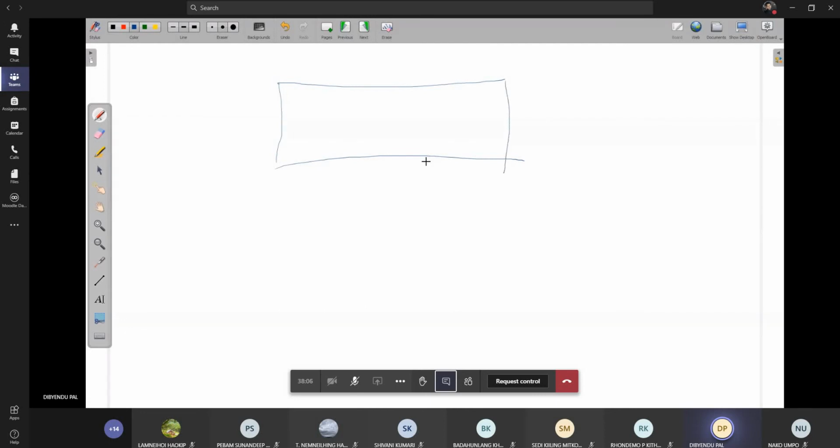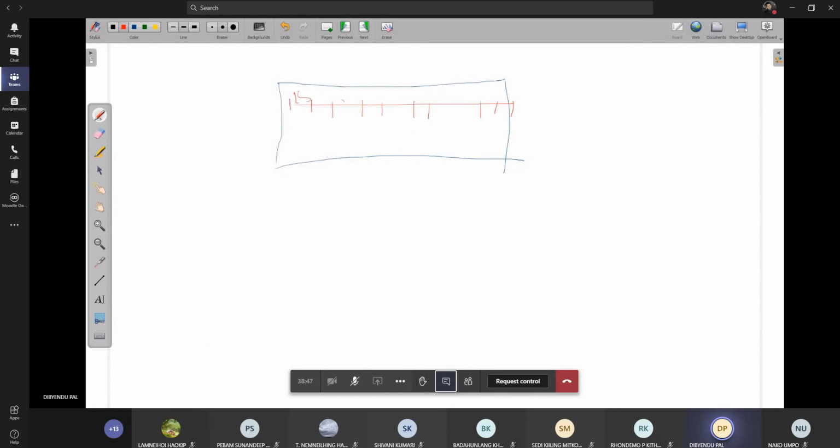So this is a road section and some vehicles are standing on the road section. So 1, 2, and so on.